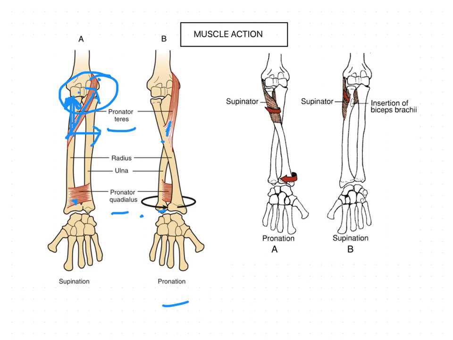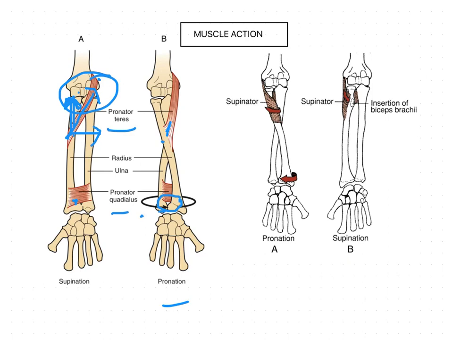And it also has two heads, the superficial head and the deep head. Mainly the deep head of the pronator quadratus is active during both resisted supination as well as resisted pronation, and this muscle is considered a dynamic stabilizer to maintain compression of the distal radioulnar joint.